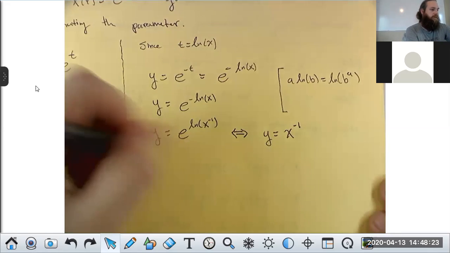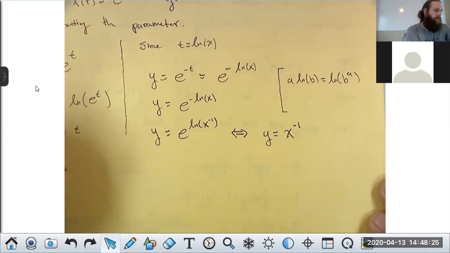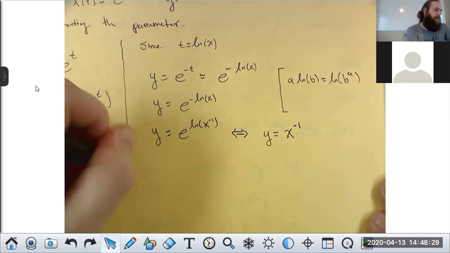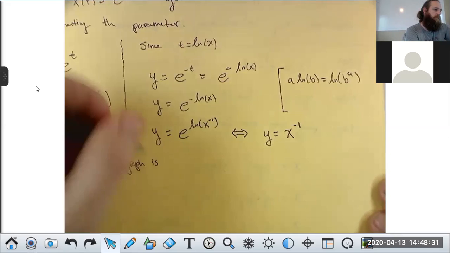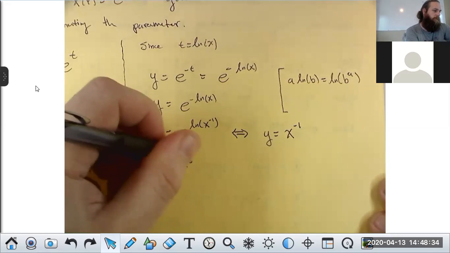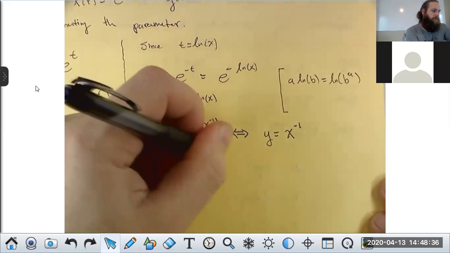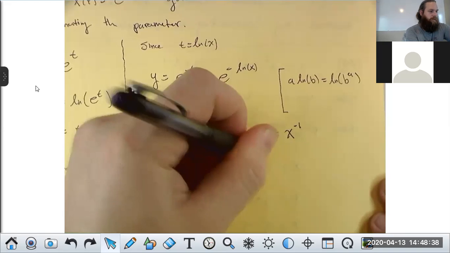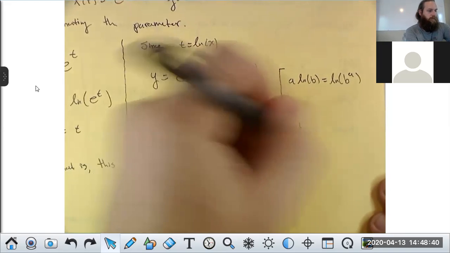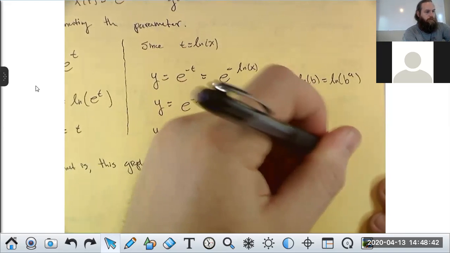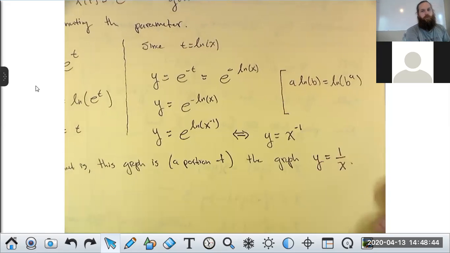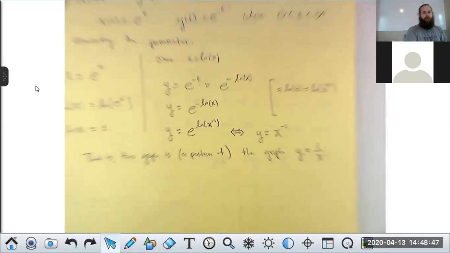In other words, this graph I'm looking for is a portion of the graph y equals 1 over x, right? x to the negative 1 is the same as 1 over x.